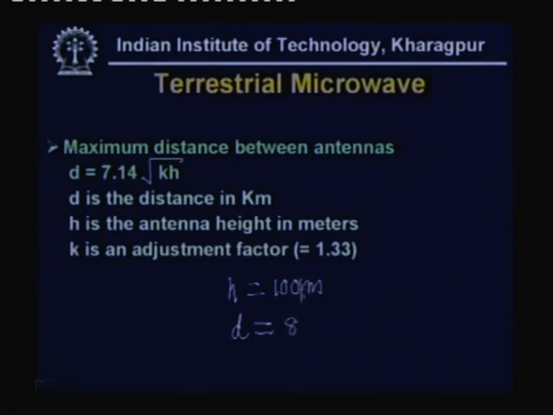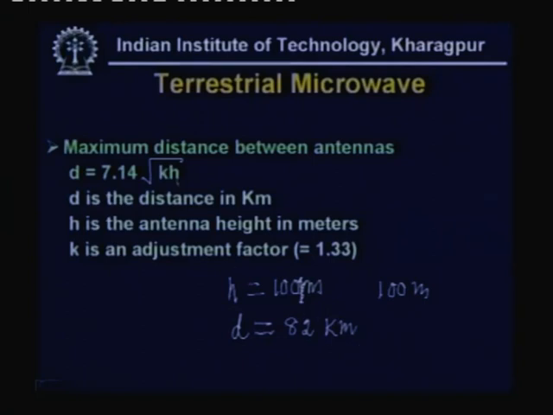So, this is 100 meters, and the distance will be roughly equal to 82 kilometers. So with an antenna height of 100 meters, the distance that can be covered is 82 kilometers.